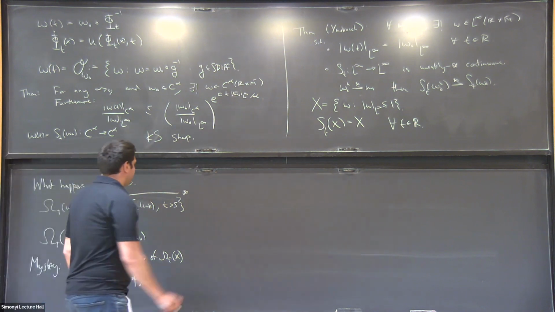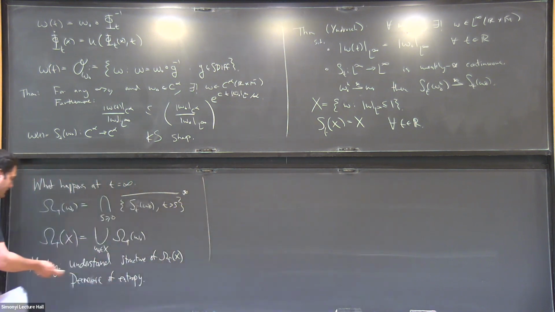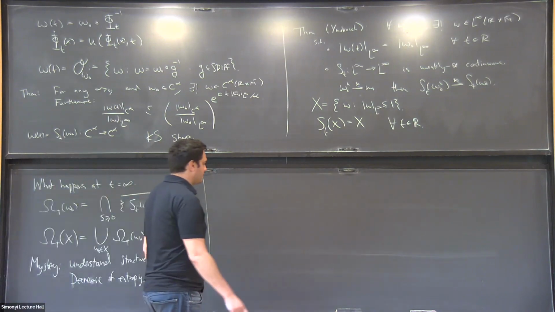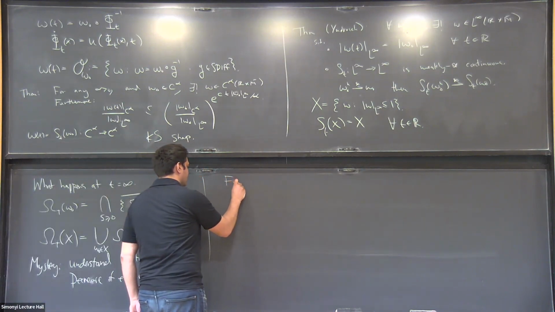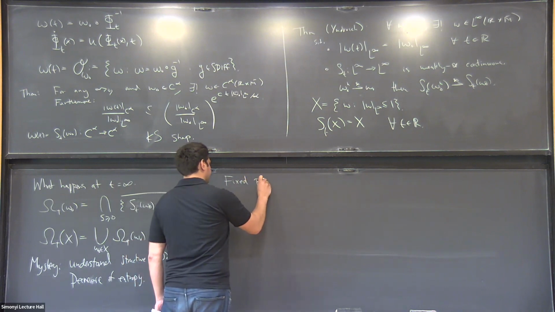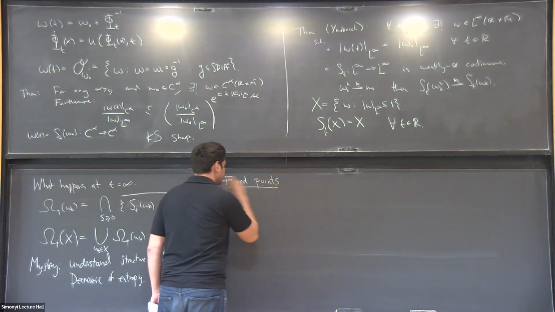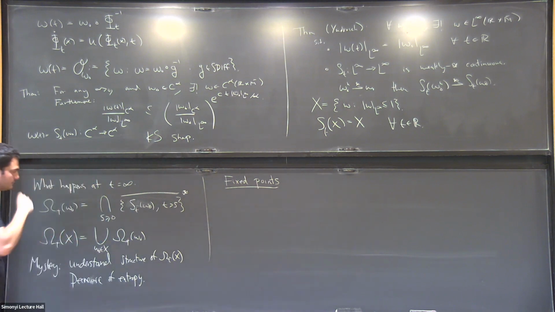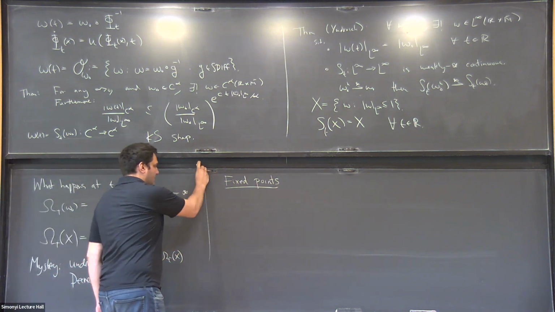So let's begin. We're going to try to understand as much as we can about this set. Let's begin at the natural place, which is to understand fixed points, and let's start with some examples.